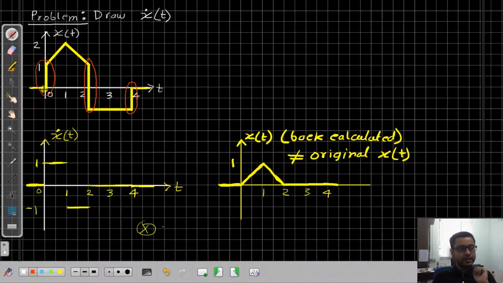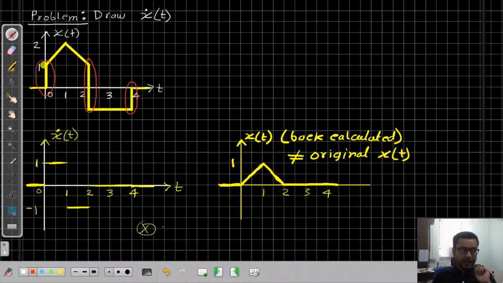So we have to account for these step jumps. What we need to do is as follows. Anytime you have a step increment, you have to add in the derivative a delta function like this.